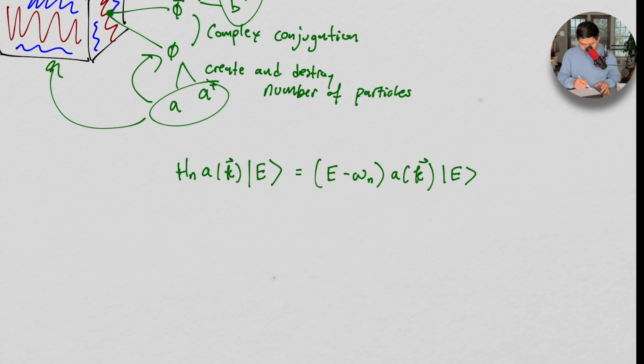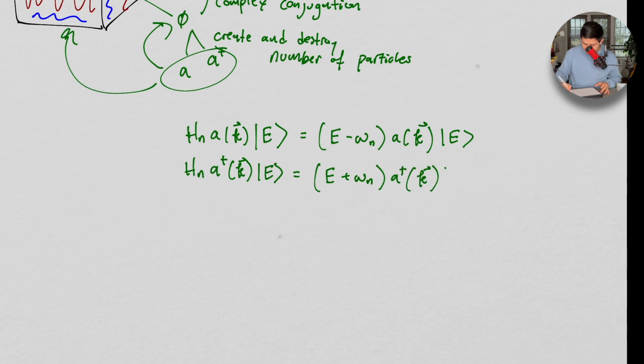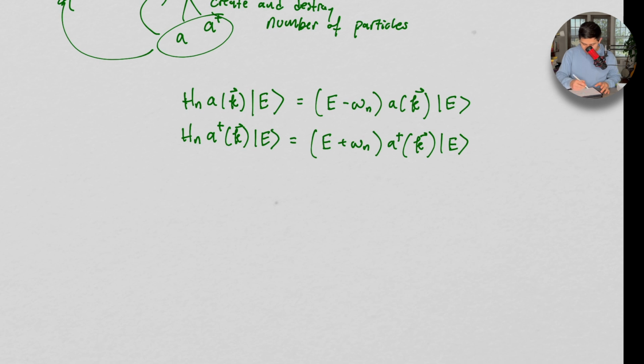Similarly, we've also said H of N applied to A dagger of K gives us E plus omega N, A dagger K, times E.